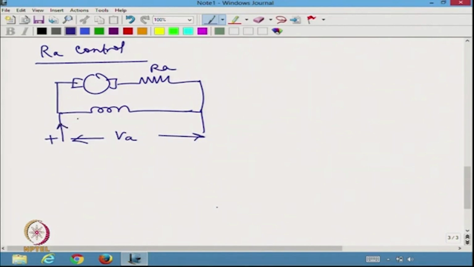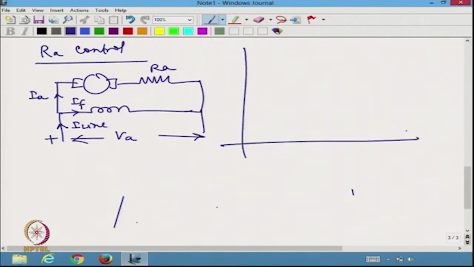I am going to have an overall current, the line current, flowing here; part of it goes as field current, the rest of it goes as the armature current. So, if I try to plot the speed torque characteristics, this is omega, this is TE. I am going to have the natural characteristics somewhat like this. If the machine had been ideal, I would have had the characteristics somewhat like this.